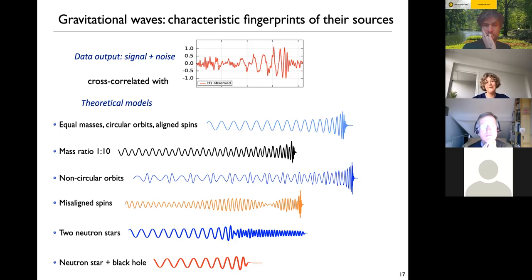Here you see just a few examples of changing different physical properties of the source and seeing the shape of the waveform change. For example, the first example is two black holes on circular orbits with their spins aligned with the orbital angular momentum. Then mass ratio 1:10 looks more asymmetric. Similarly, if one doesn't have circular orbits, if the spins are not aligned in the same direction, one gets these modulations in the waveform amplitude.